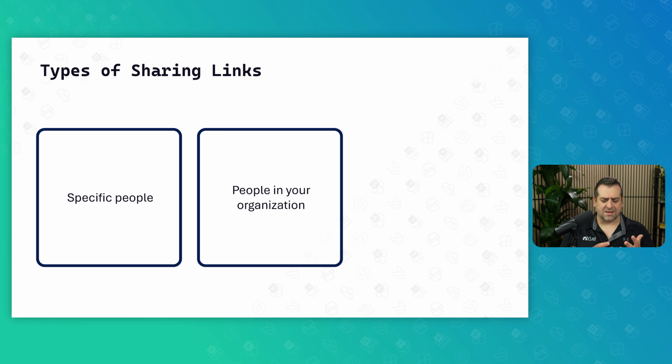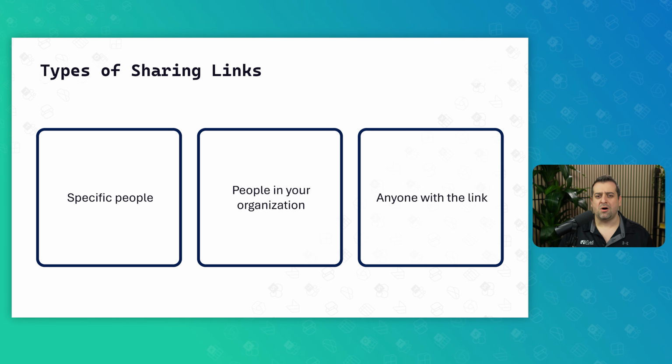So this one kind of leaves the door open to internal oversharing. And finally, the most permissive of them all is the anyone with the link sharing link. And this one allows you to share with everyone, both internal and outside the organization. So this is, of course, the one that scares the most admins because external sharing, and for good reason.